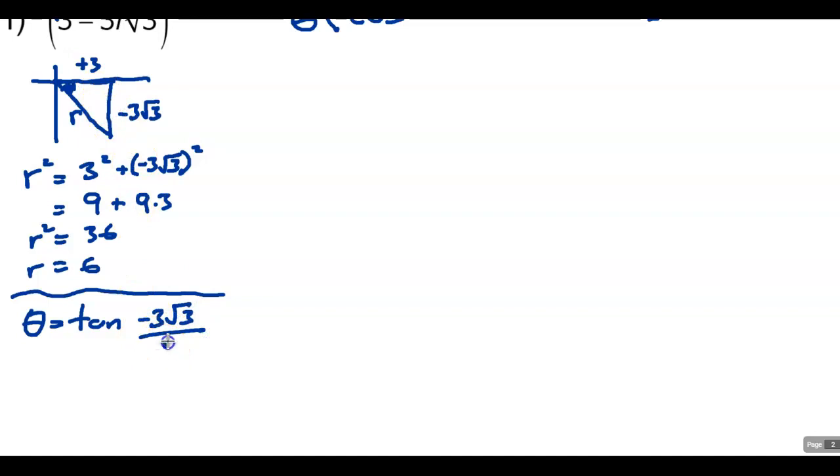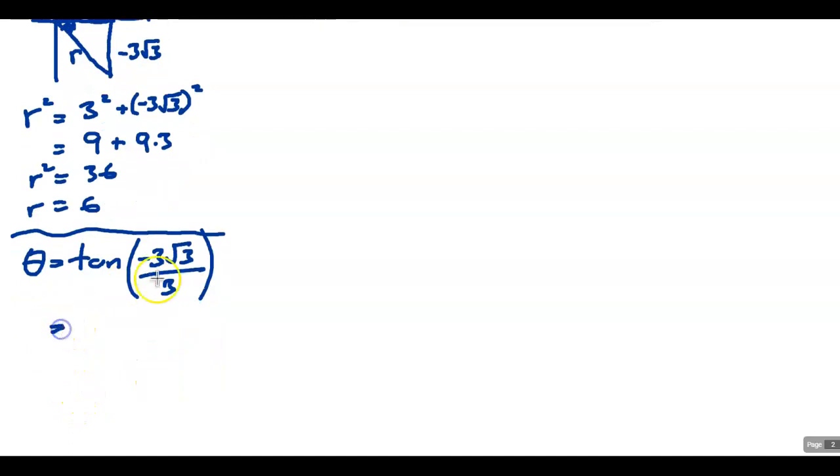The run is 3. You might recognize this. The 3's cancel out, so it's really just a slope of negative root 3. And if you remember the unit circle, that's going to be equal to 300 degrees. Or if you prefer, you can use negative 60 degrees.